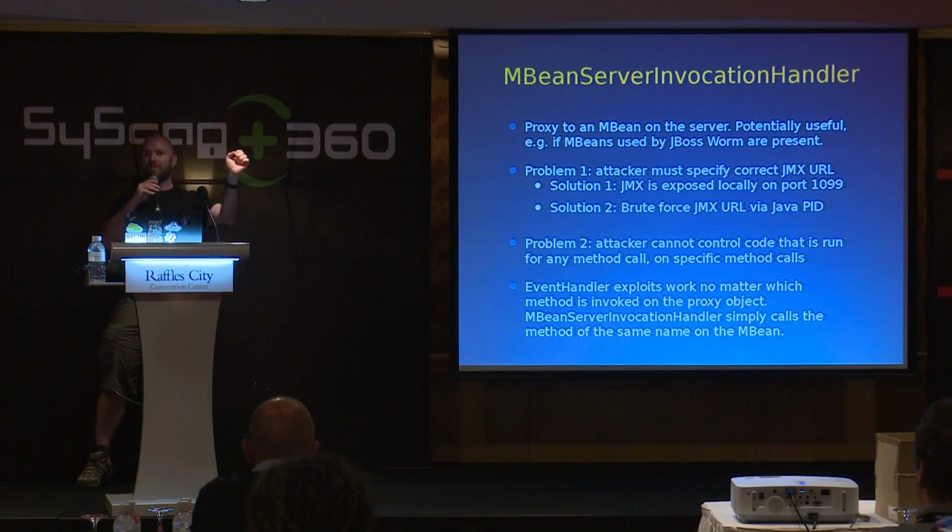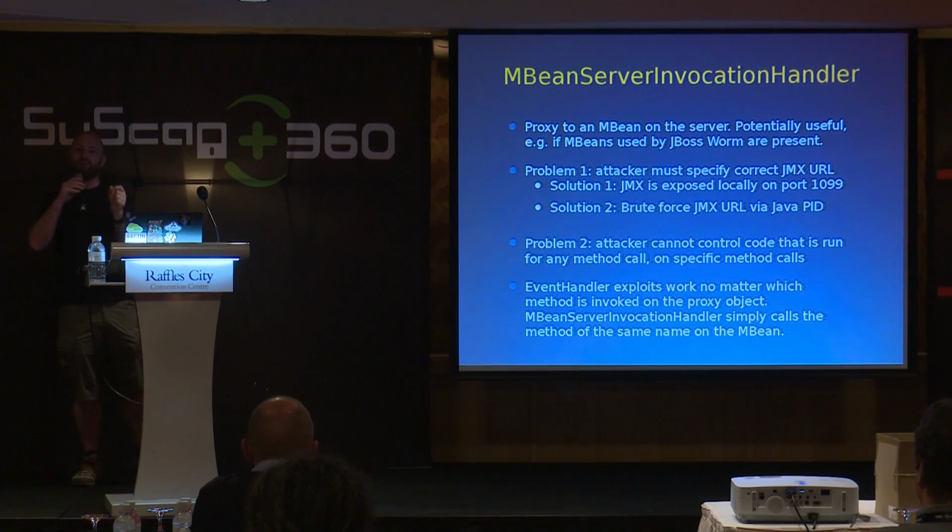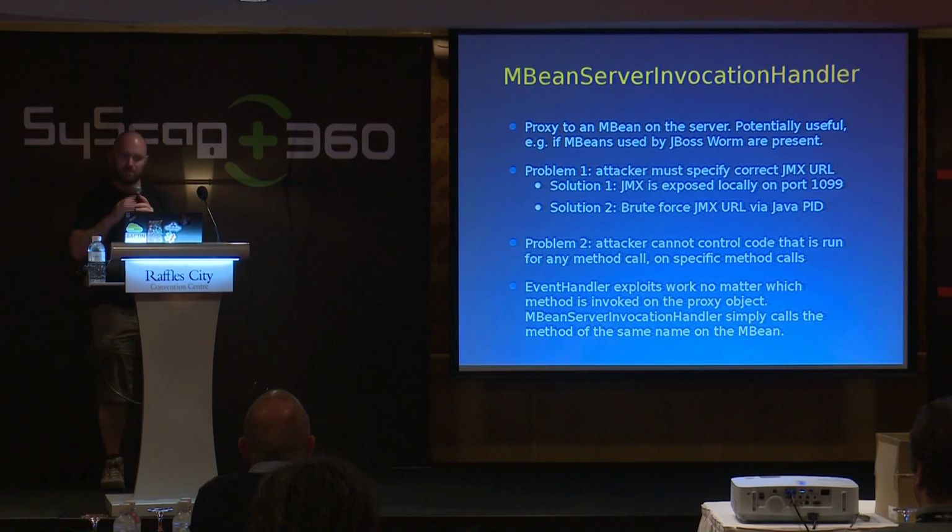It says when method ABC with arguments of type X and type Y is called, then it will proxy through to that MBean with the exact same method name and the exact same method arguments. So unless you can somehow line this up so that after deserialization, it's going to make a call to a method signature on some interface that also happens to map to the exact same method signature on an exploitable MBean that's deployed, I just gave up.